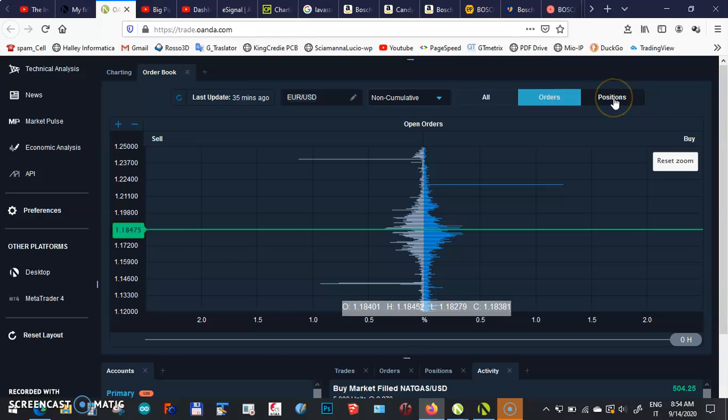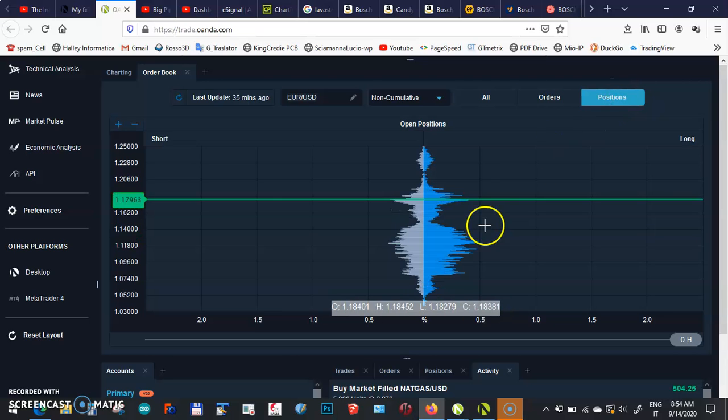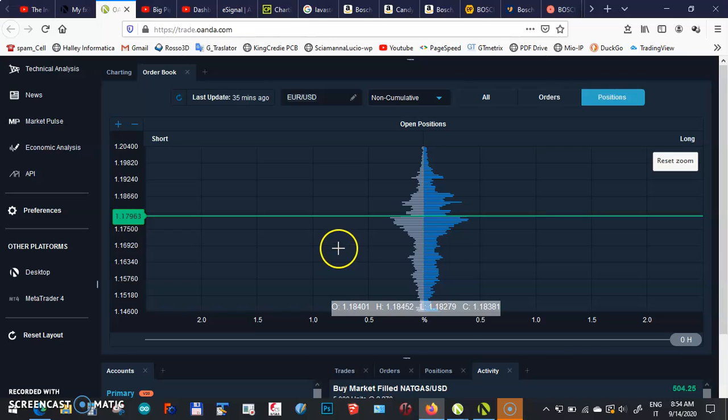I'm going to see the situation for the positions too, and you can see the positions are very balanced in this area, between seller and buyer, but it seems that there are more buyers than sellers at the moment.